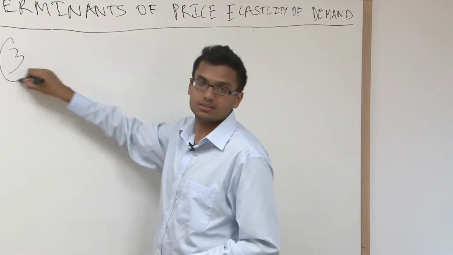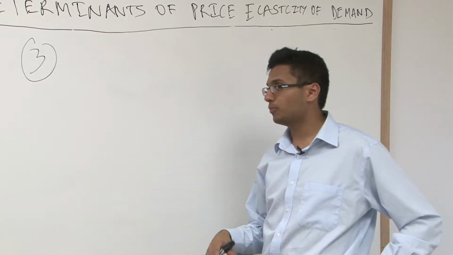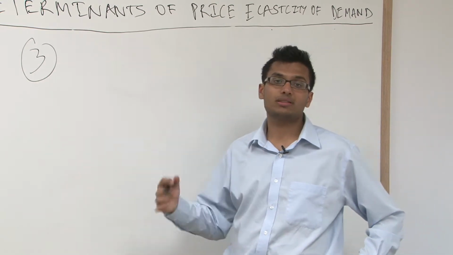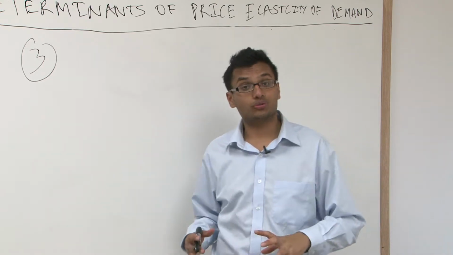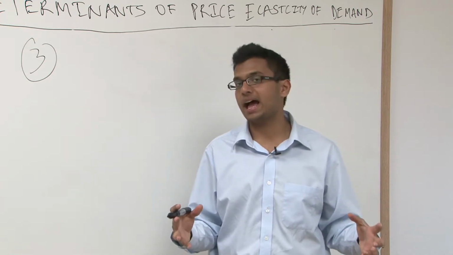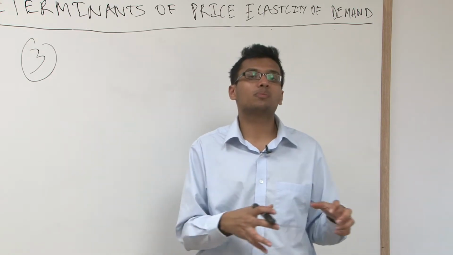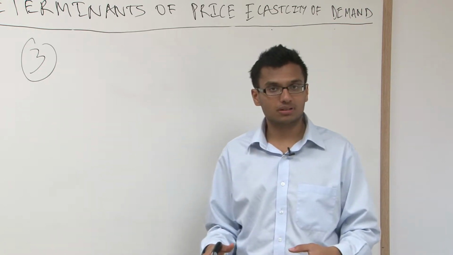Number 3 says, what is the competitive structure of the market? Now, before I write it down, I want to discuss why this is important. We've discussed this in number 1 and number 2. We said that the higher the competition that we have, the more substitute products there are, and the more elastic that demand becomes. Why?